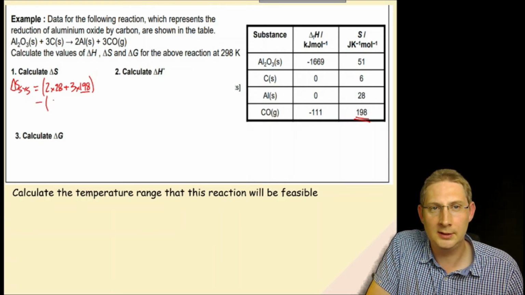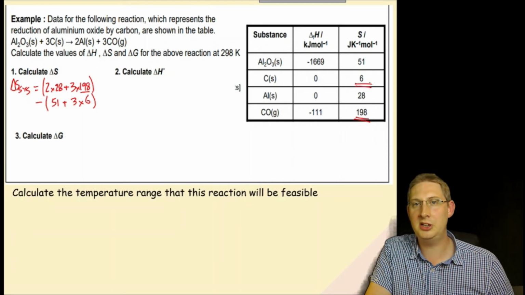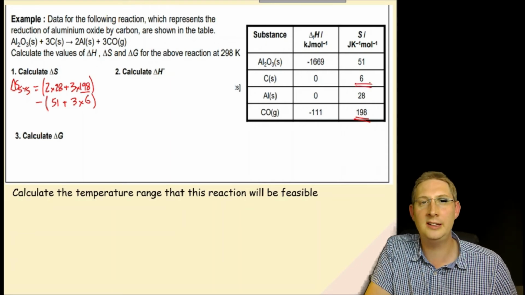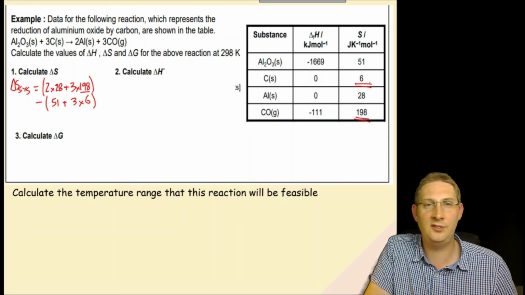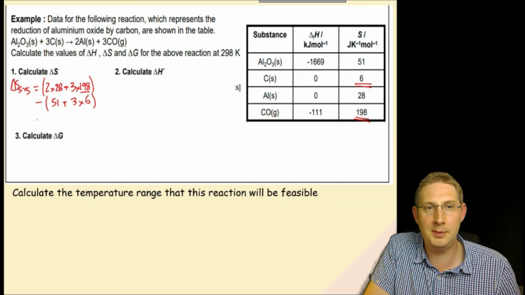Minus aluminium oxide, 51, plus 3 times the entropy of carbon, which is 6. And look at that tiny number there. And that's because in graphite, the atoms have so little availability for vibration. They have so little entropy, it's a tiny number.